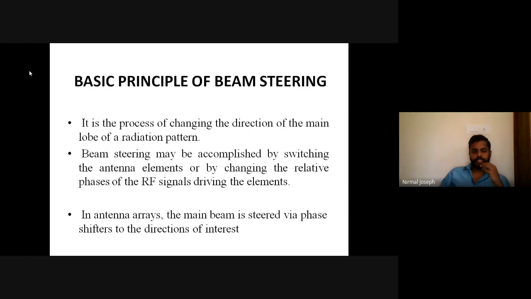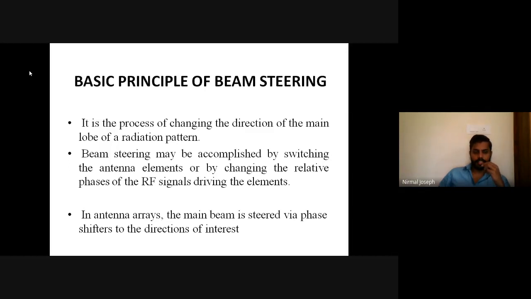So the first sentence says the basic definition is the process of changing the direction of the main lobe of a radiation pattern. The direction of beam means it is the direction of the main lobe. Always, beam implies main lobe, because the main lobe is supposed to be in the direction of desired communication.